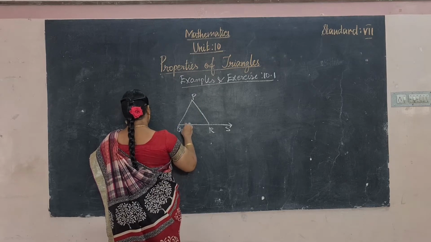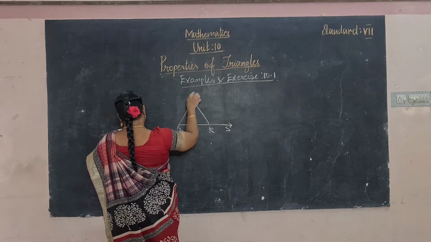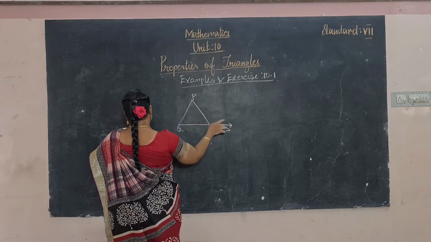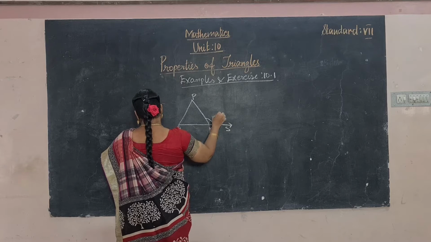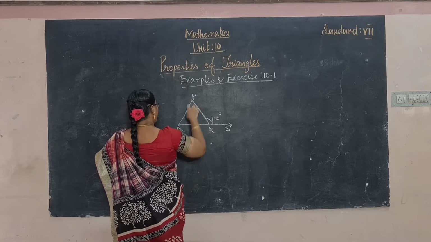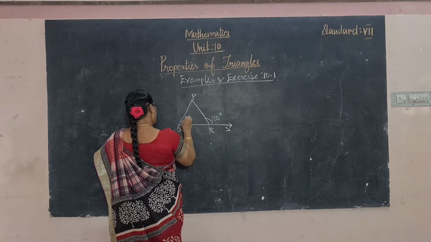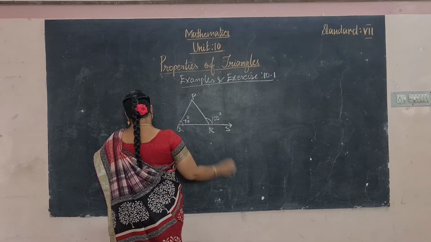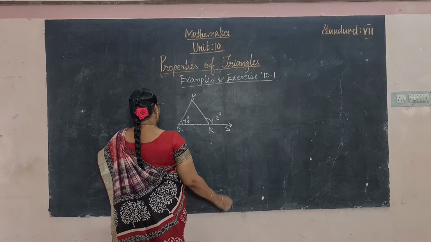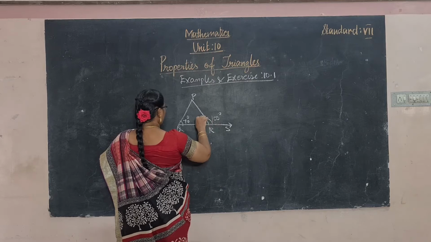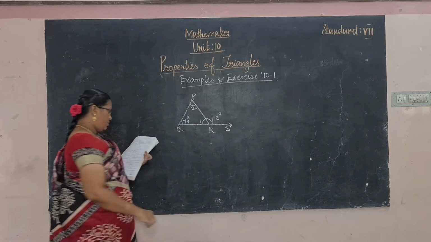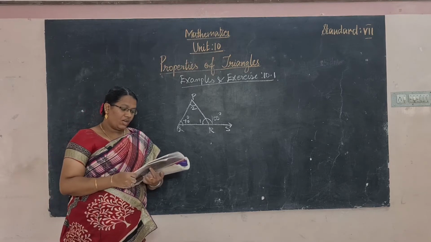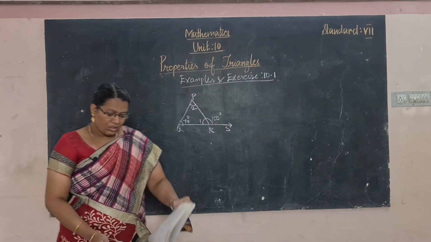The first thing given: angle PRS is 100 degrees, and angle PQR is 70 degrees. You have to find angle 1 and angle 2, the measures of the other two angles.